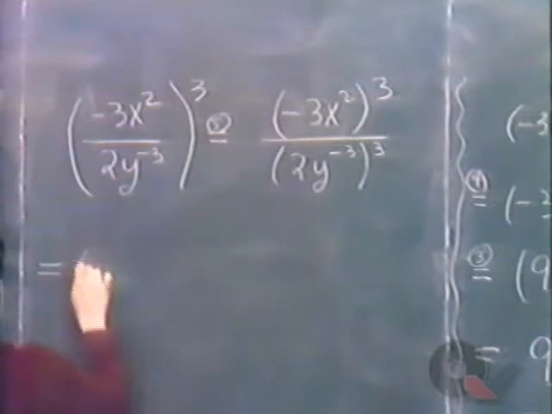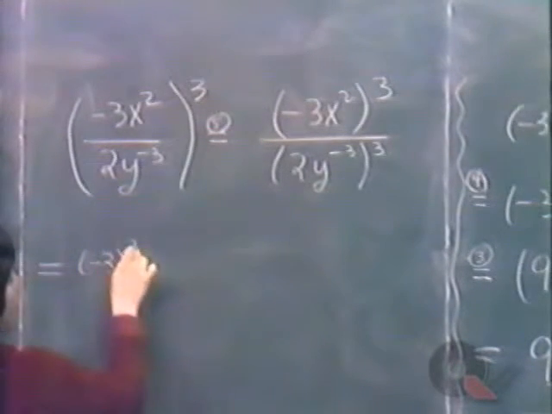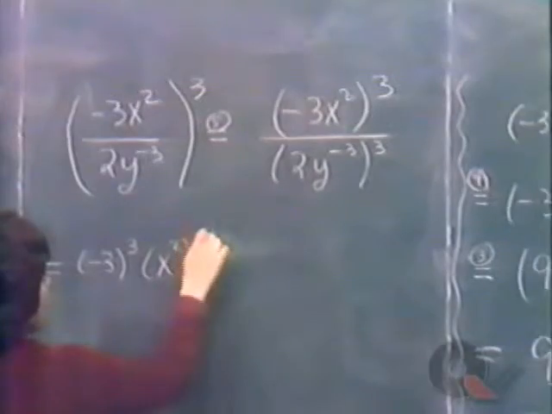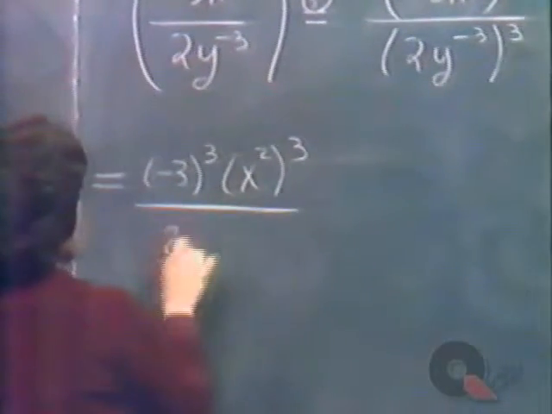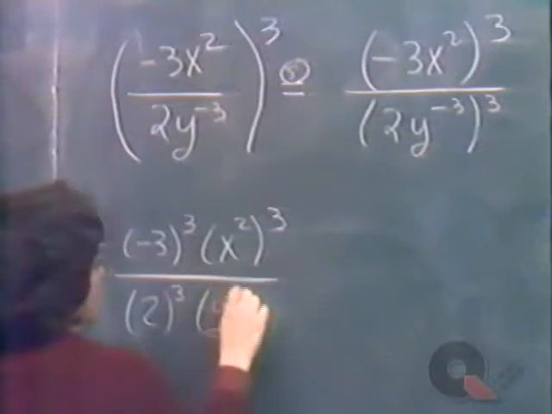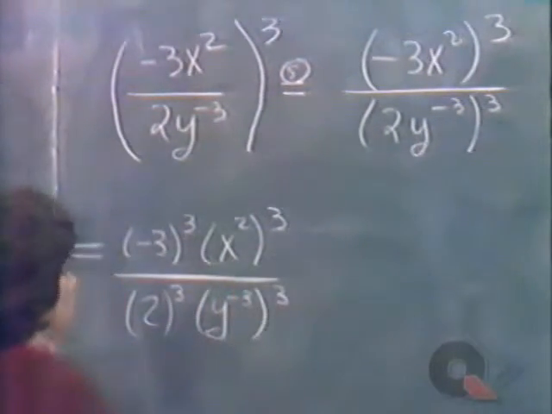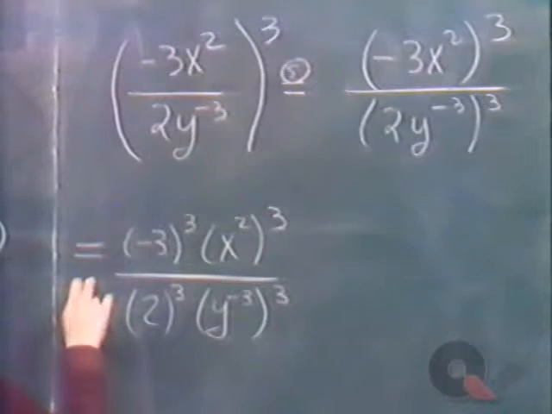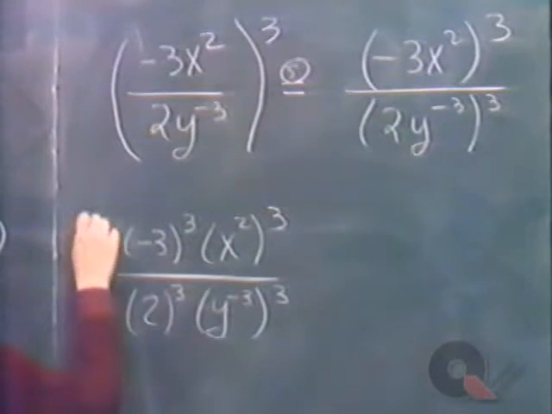So we'll take (-3)^3, (x^2)^3, 2^3, (y^-3)^3. This was by using Rule 4.